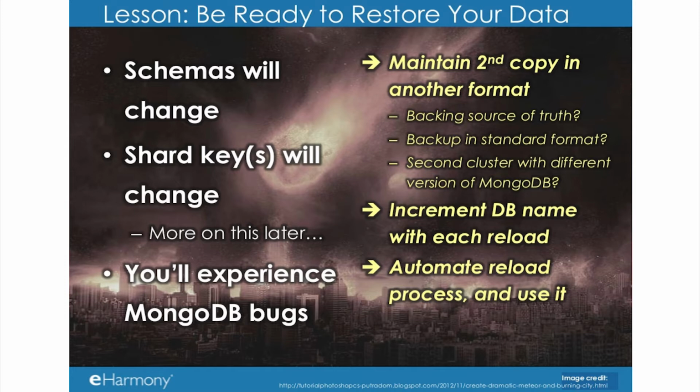Once the new copy is loaded, we just change a configuration that says hit that database instead of this database, and everything switches over, and we don't really have downtime. That's worked out pretty well, and we've done a few reloads that way and haven't really had issues with it.